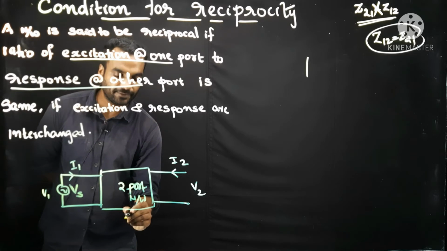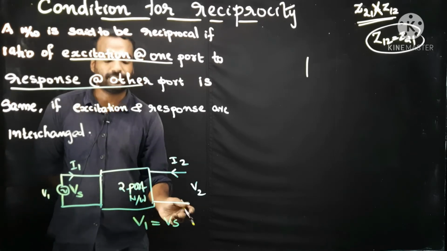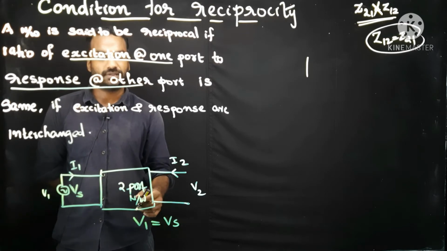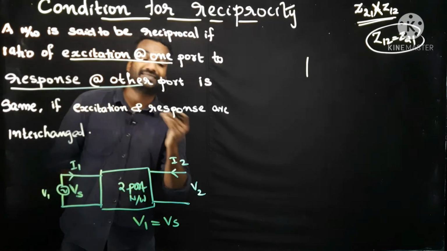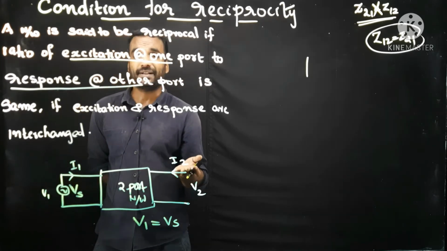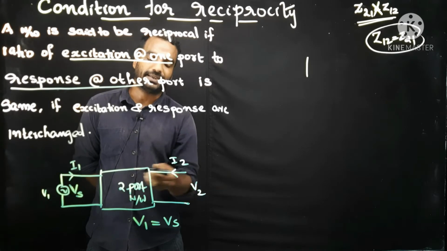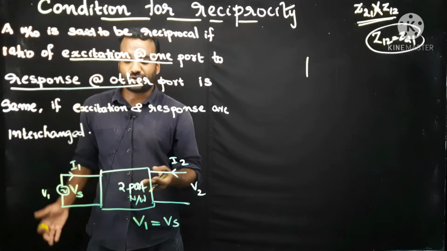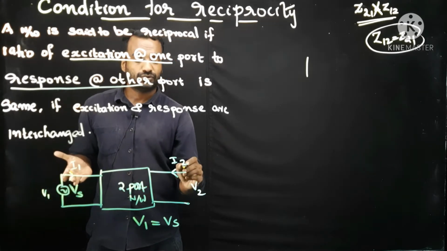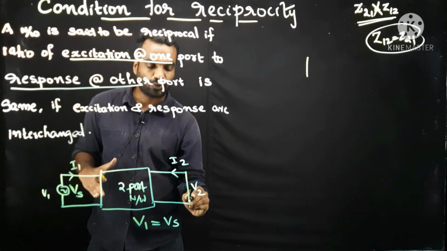So V1 is now Vs. I connect some specific excitation source. And now I want to observe the response at the other port. But the other port is open. This is the provision for connecting a voltage source and injecting a current inside, but actually now it is open. So for checking that response, I am going to close the circuit.